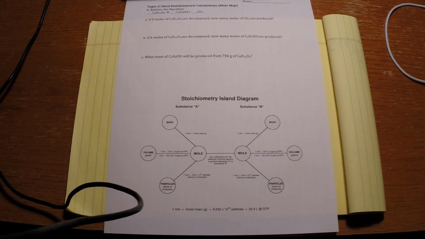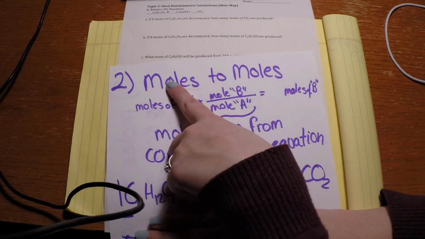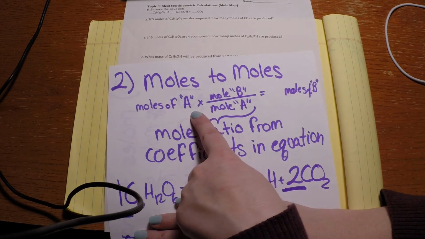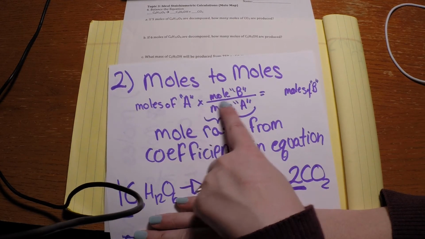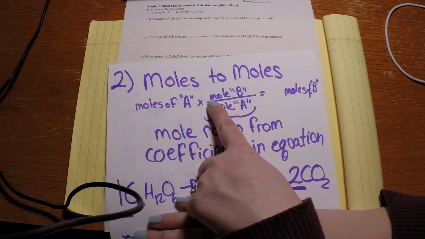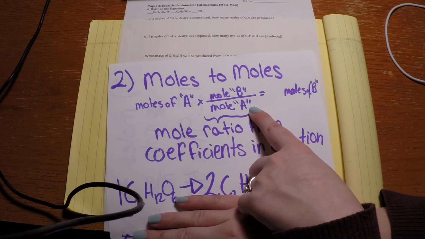The only way I can go from one compound to another compound is to use my mole ratio. So we're going from moles to moles. Moles of A, and then I multiply it by my line to get to moles of B. Moles of B goes on top, and moles of A goes on bottom.